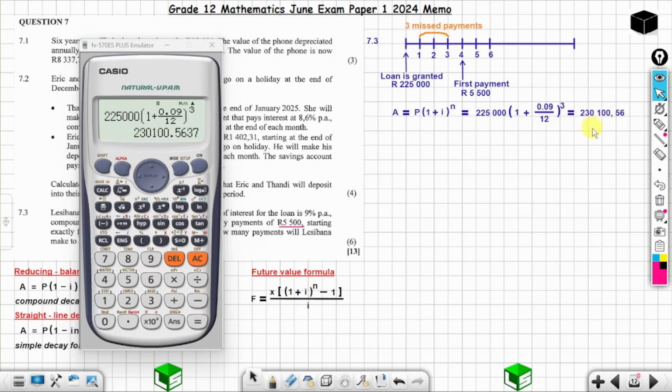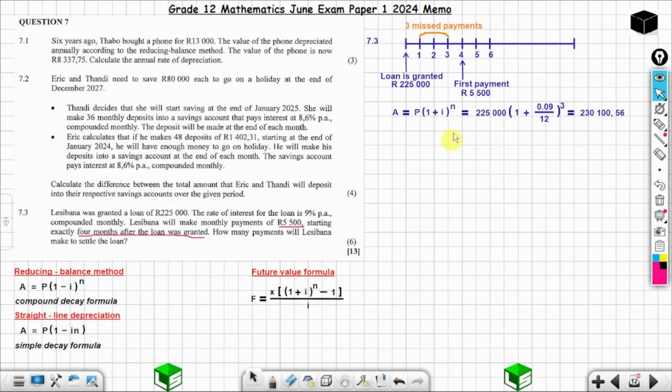So this is equal to... Now you have the new value of the loan. Because of the missed payments, the loan is going to increase. So for the loan, you are going to use the present value formula. We are going to use this formula.